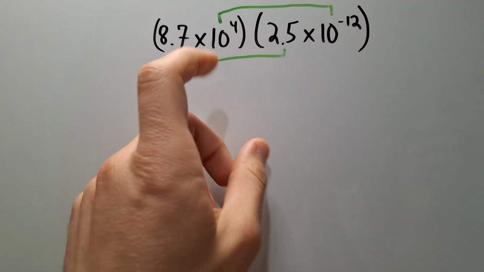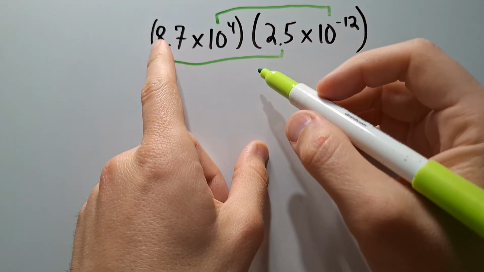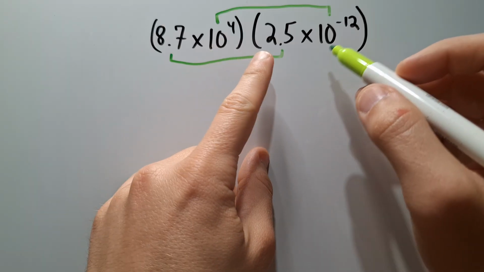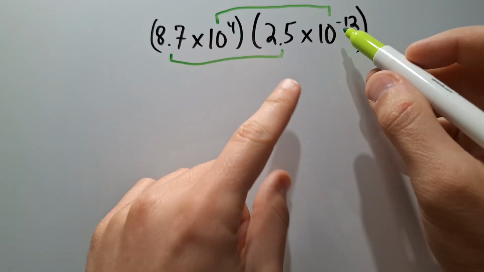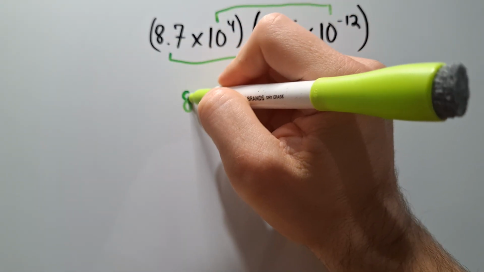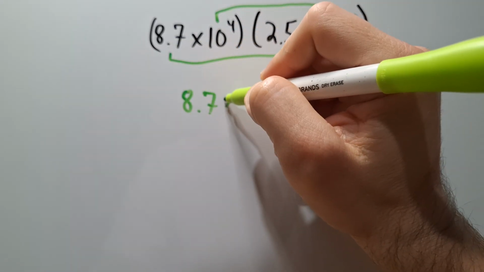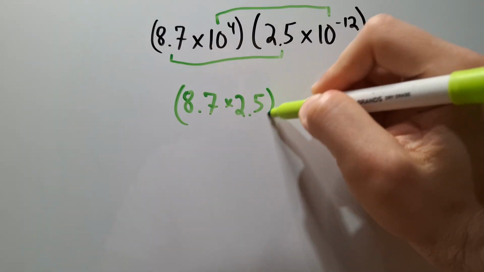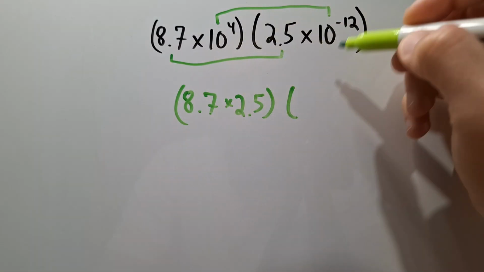So combining 8.7 and 2.5 together, and then 10 to the power of 4 and 10 to the power of negative 12 together. So we're going to multiply these numbers, and then we're going to multiply those numbers.